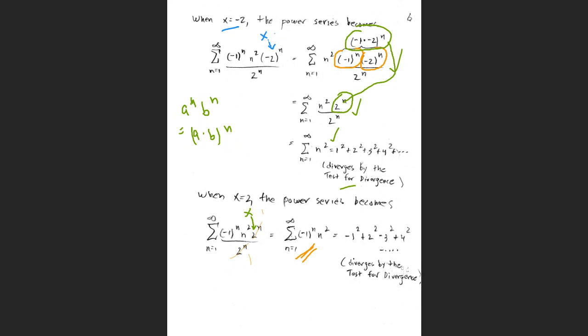Oh, and then by the way, of course, nice things happen here, right? Those 2 to the nth powers simplify out.